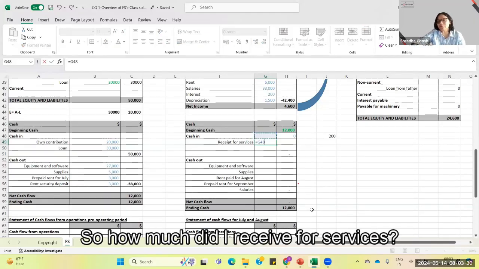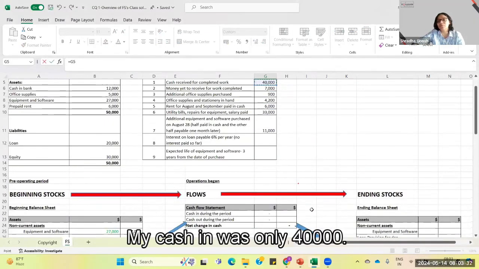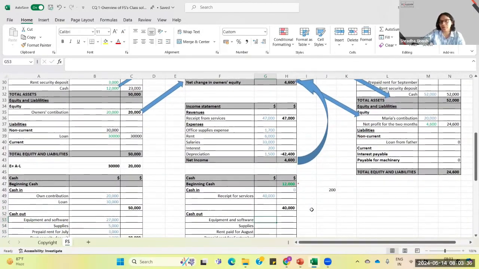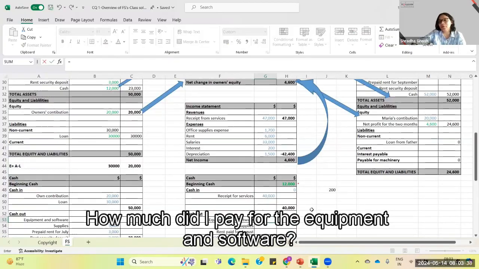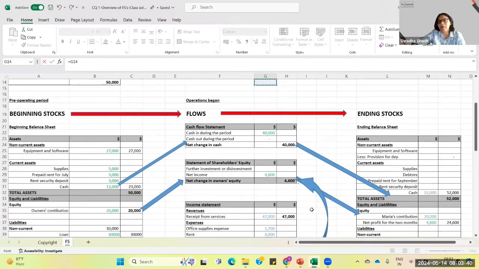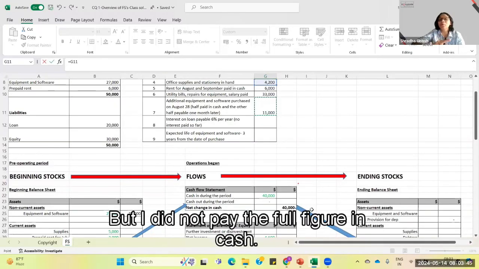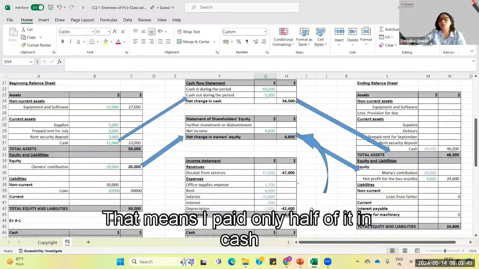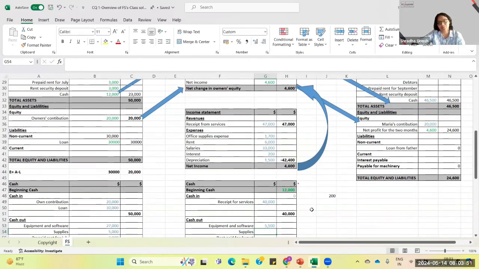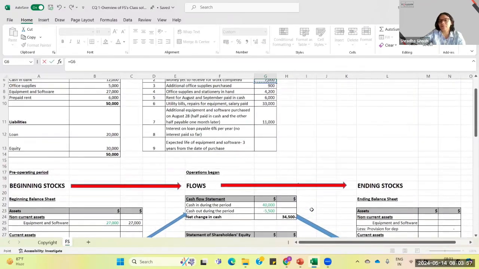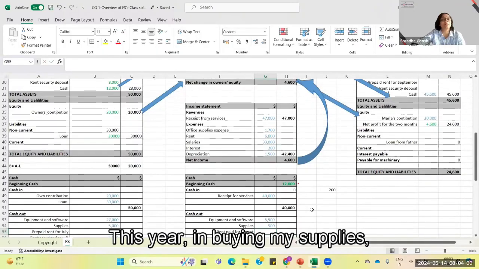So how much did I receive for services? My cash in was only 40,000. I did not receive the remaining 7. How much did I pay for the equipment and software? I bought a new software for 11,000, but I did not pay the full figure in cash. That means I paid only half of it in cash. For my supplies, I have already spent $900 this year in buying my supplies.